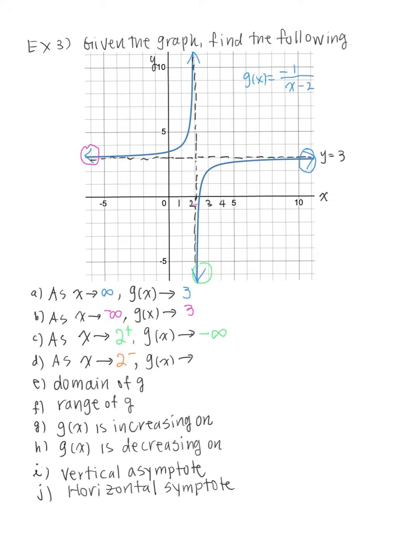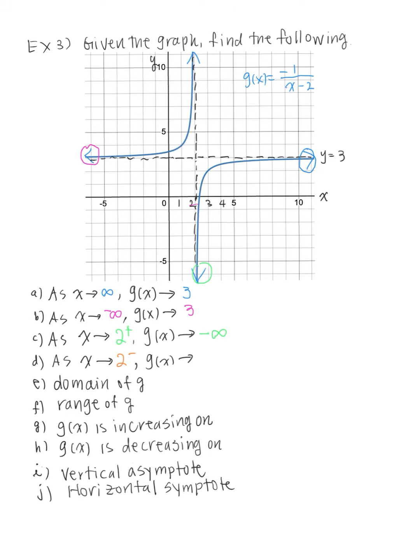How you doing? Are you all with me on this? I hope you are. But let's just look at part D. As x approaches 2 from the left, where is g of x going? Again, our x is approaching 2 from the left-hand side. Which graph are we looking at? This graph here or this graph here? I would say the graph in quadrant 2.